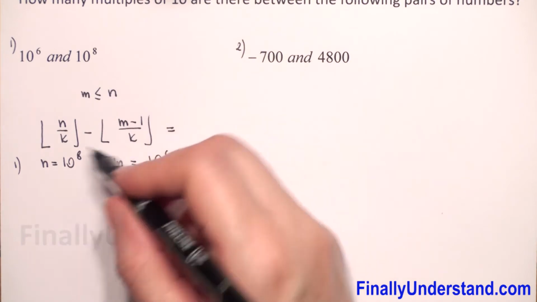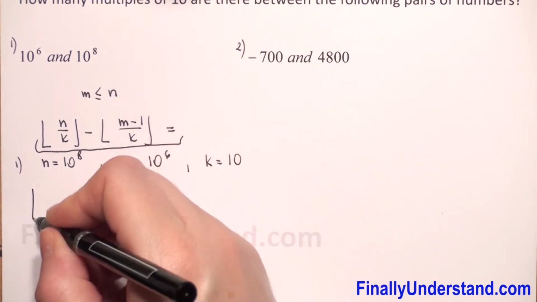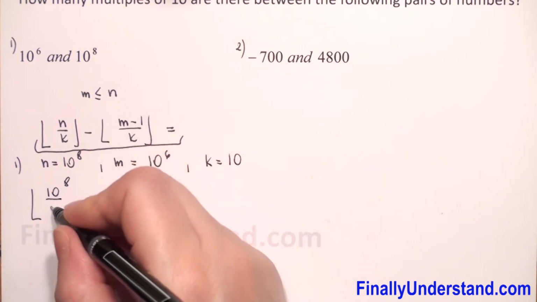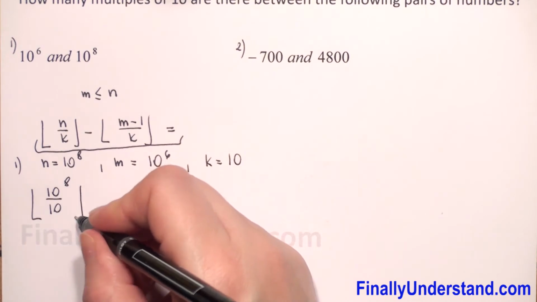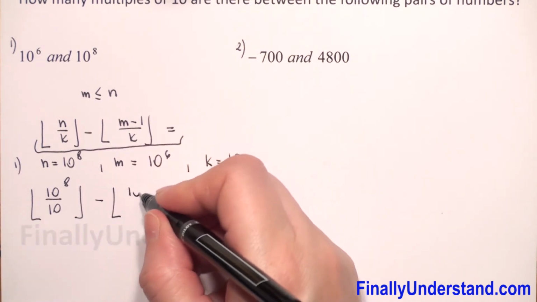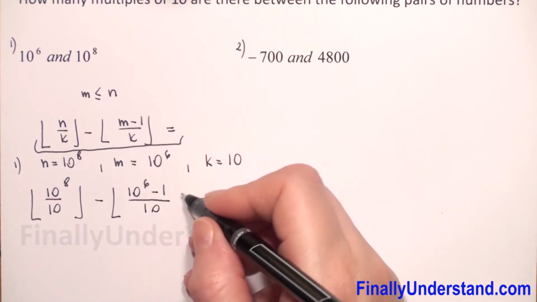So we have to use this formula. We have floor of 10 to power 8 over 10 minus floor of (10 to power 6 minus 1) over 10.